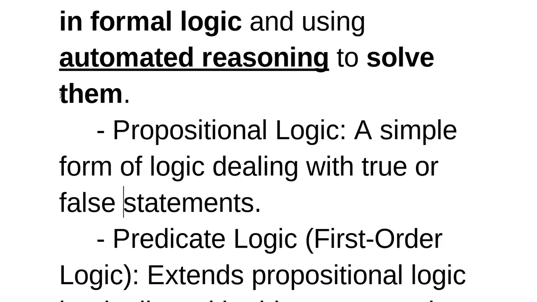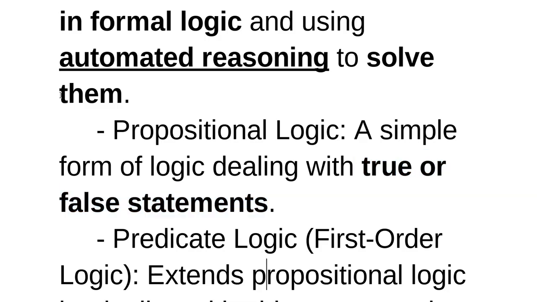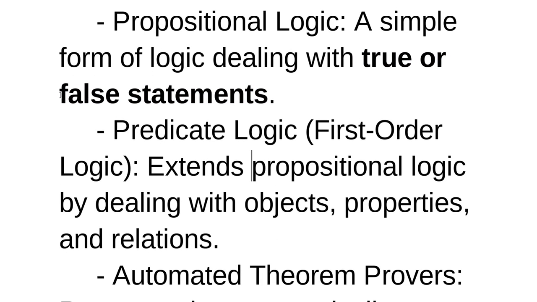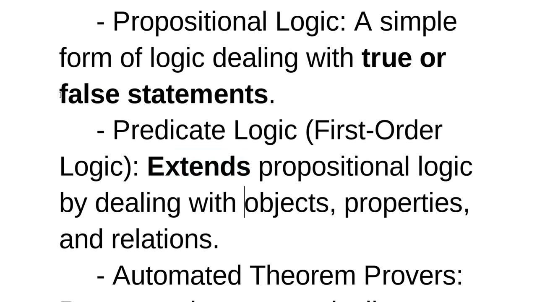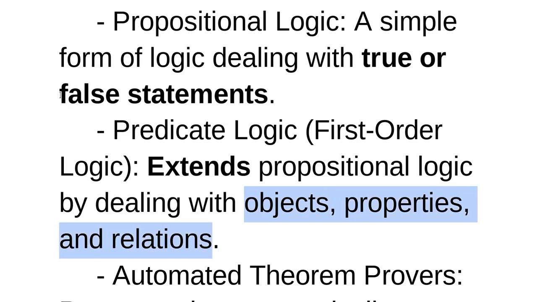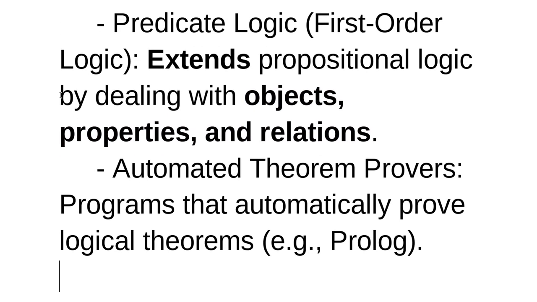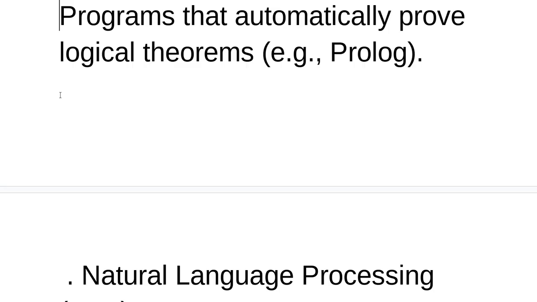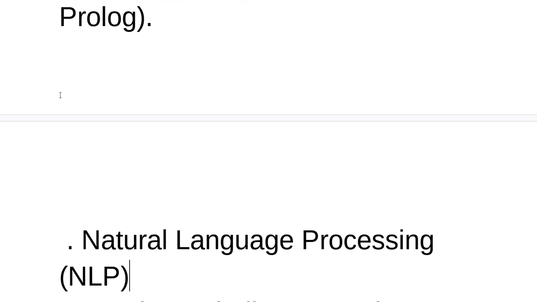Propositional logic is a simple form of logic dealing with true or false statements. Then predicate logic, or first-order logic, extends propositional logic by dealing with objects, properties and relations. And automated theorem provers are programs that automatically prove logical theorems.